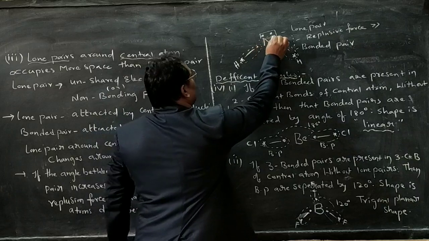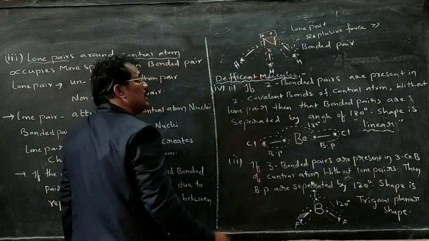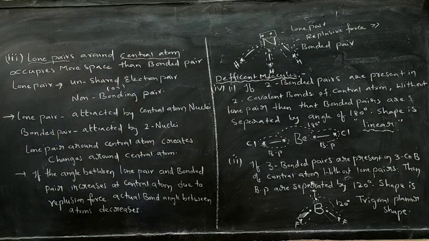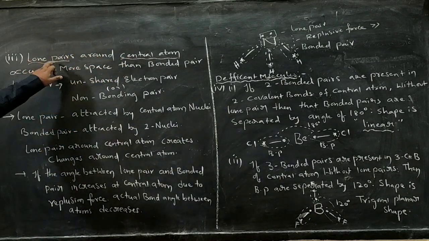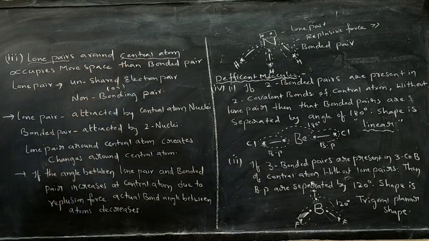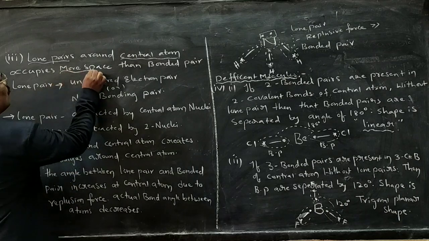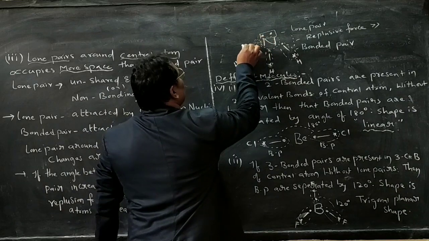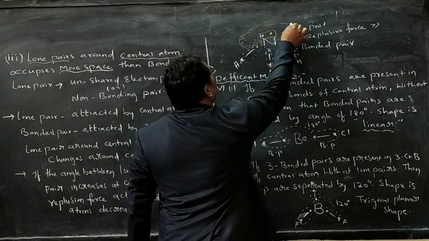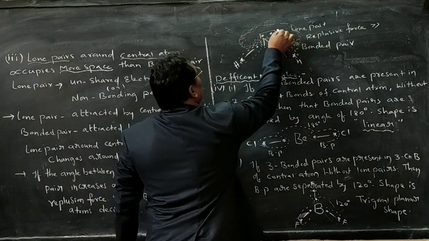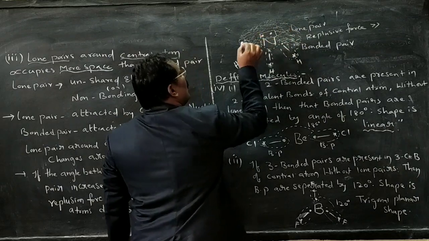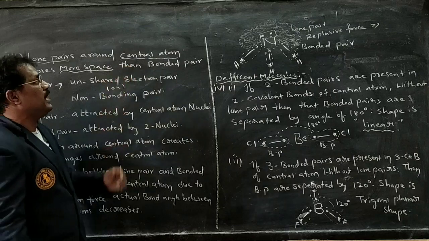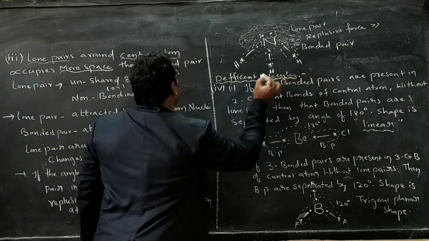We have already seen clearly that nitrogen N itself is the central atom. Around that central atom, if lone pairs exist, then they occupy more space. See here how much space it is occupying. This total is nothing but the space occupied by the lone pair. The lone pair will occupy more space than the bonded pairs.